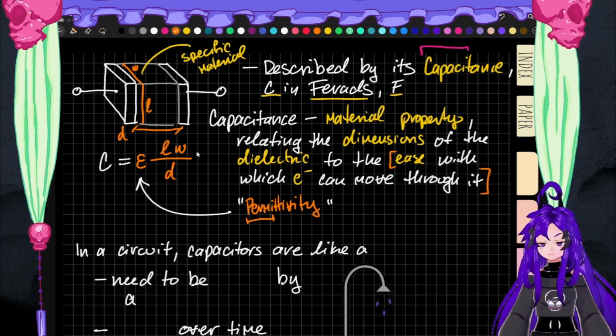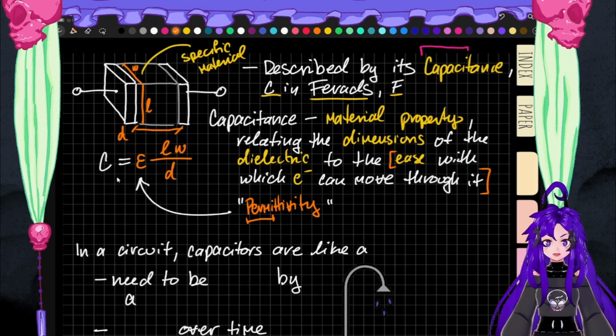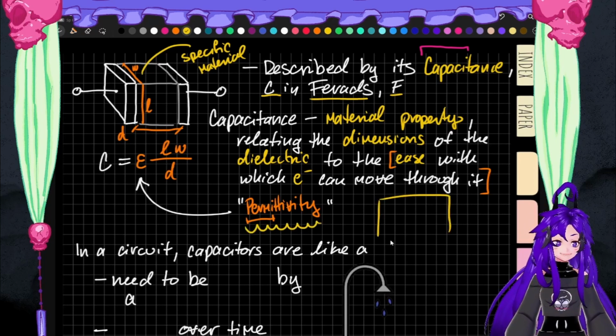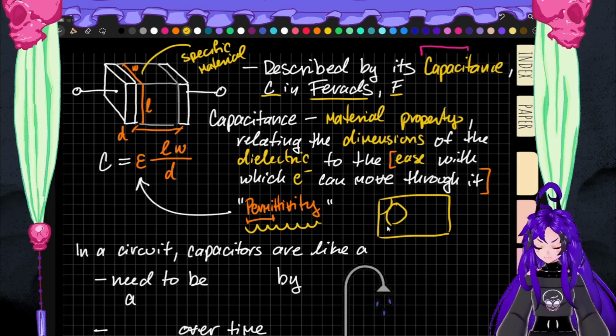And honestly, I'm not going to ask you to remember this or to use it, because frankly, understanding the concept of permittivity is kind of rough, because that requires you to think about the atomic level and the way a material is structured and how electrons then move through that somehow.